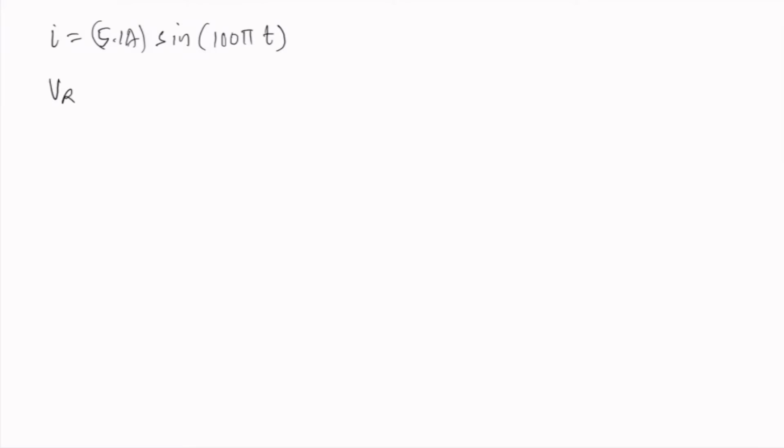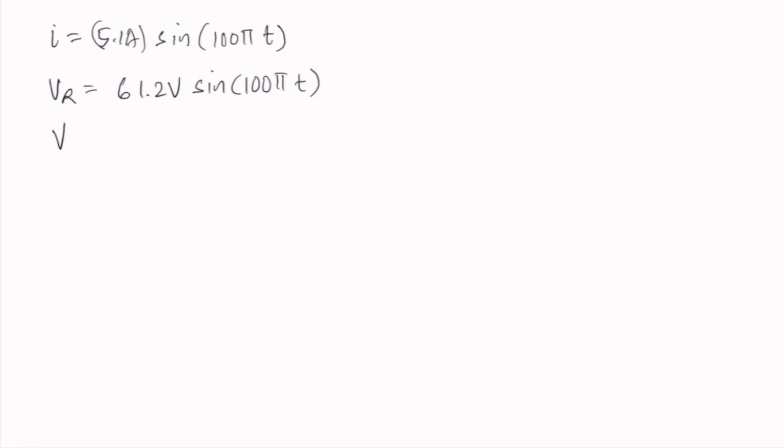For the voltage across the resistor, we have 61.2 volts times sine 100 pi t. We know that there's no phase difference between the current and the voltage across the resistor.